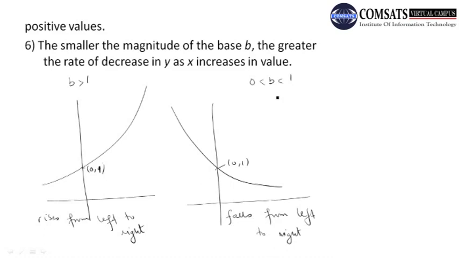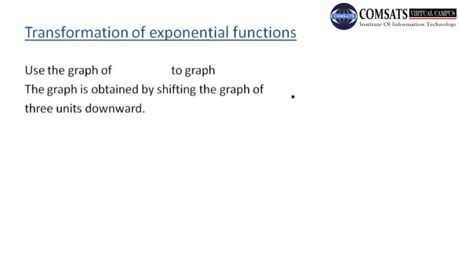Now we define an important type of property, that is, the transformation of exponential functions. For example, we are asked to find the graph of our function y equals 2 to the power x minus 3, and we have to use the graph of y equals 2 to the power x.